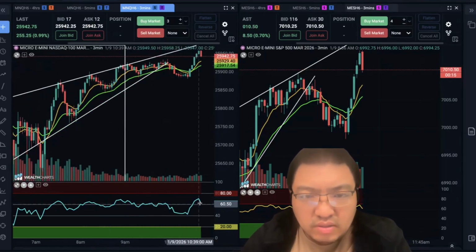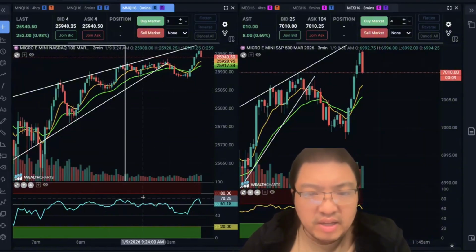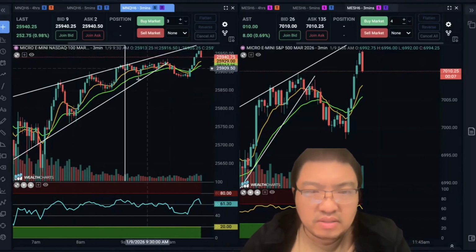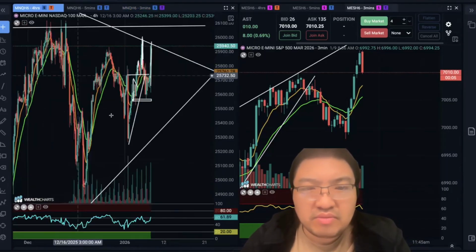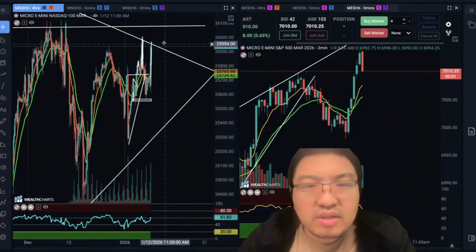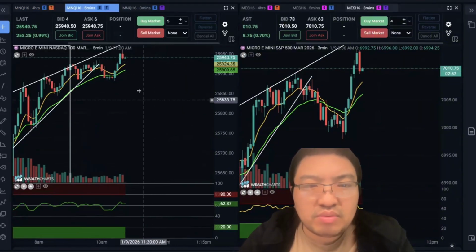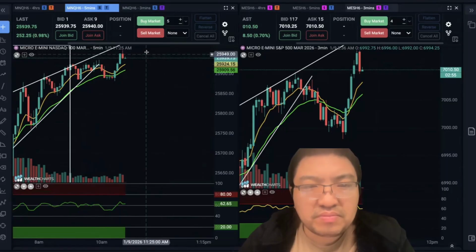We'll see. No divergence, it is higher price action and higher RSI. So what about 4 hour? Oh, it touches this something. So guess what? I will see this candle.